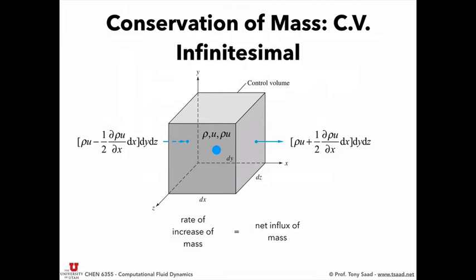Do you remember the Taylor series? Yes. f of x is equal to f of x0 plus (x minus x0) f prime at x0 plus 1 over 2 factorial (x minus x0) squared f double prime, and so on. So that's the Taylor series.